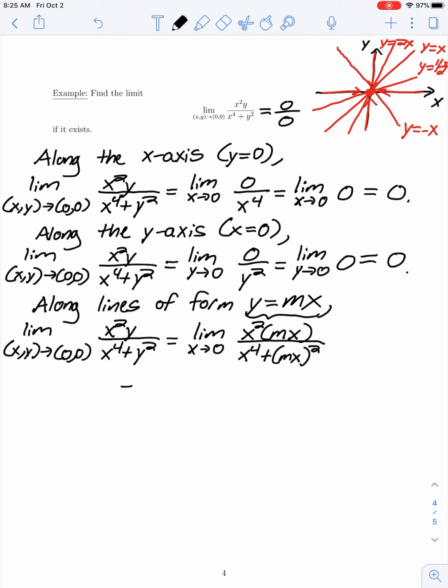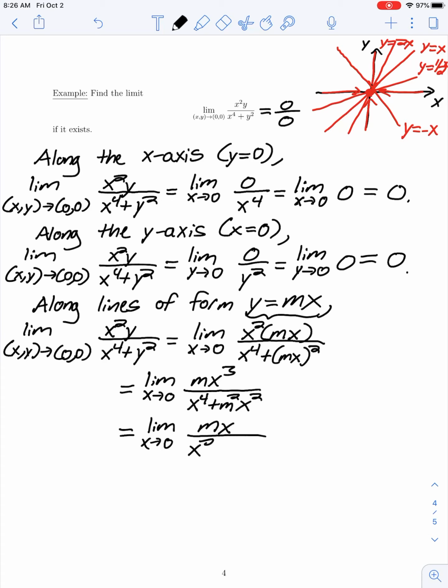So let's simplify this and see what we have. We would have the limit as x approaches 0 of mx cubed over x to the 4th plus m squared x squared. So if I cancel 2 powers of x from the numerator and denominator, I would be left with mx over x squared plus m squared.